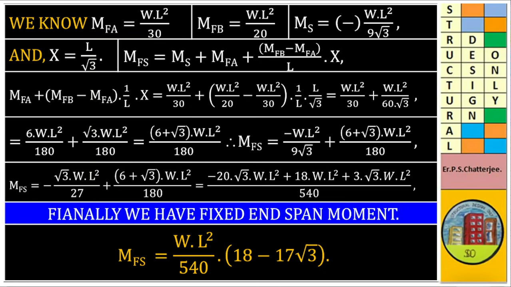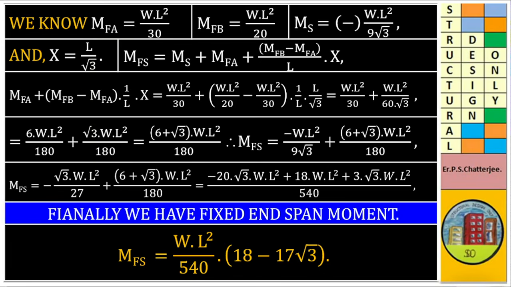MFS is equal to MS plus MFA plus (MFB minus MFA) by L into X. MFA plus (MFB minus MFA) into 1 by L into X is equal to W L square by 30 plus (W L square by 20 minus W L square by 30) into 1 by L into L by square root of 3, which is equal to W L square by 30 plus W L square by 60 into square root of 3, which is equal to 6 plus square root of 3 into W L square by 180.